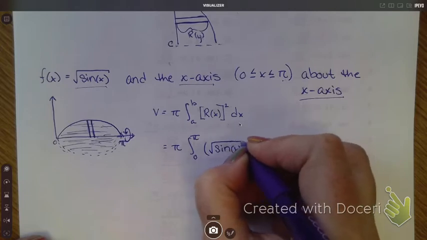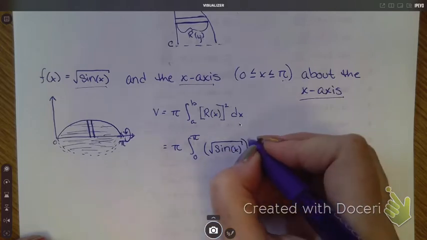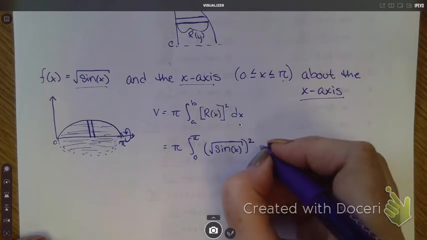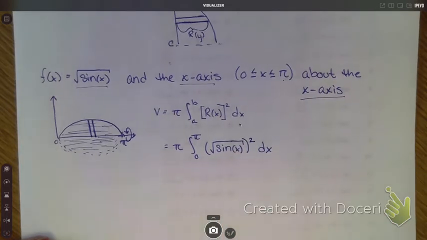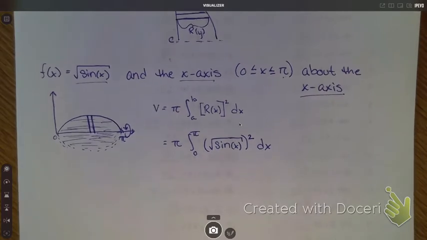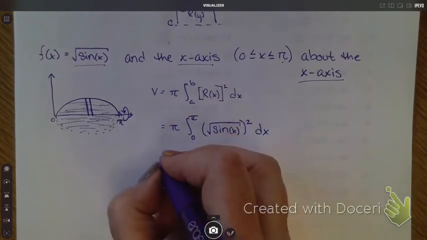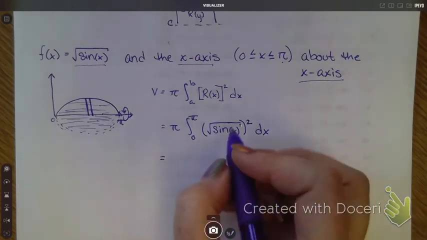And then what are we doing to that function? Squaring it. dx. When I square a square root, I get what's inside, don't I? Yes.